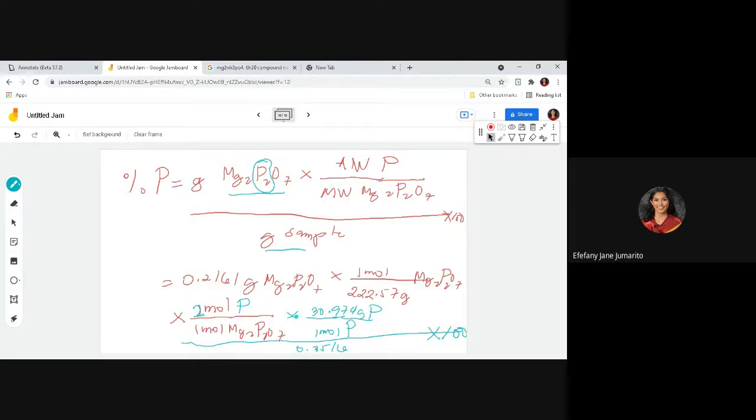So, multiply now, class. 0.2161 times 2, times 30.974, divided by 222.57, divided by 0.3516, times 100.